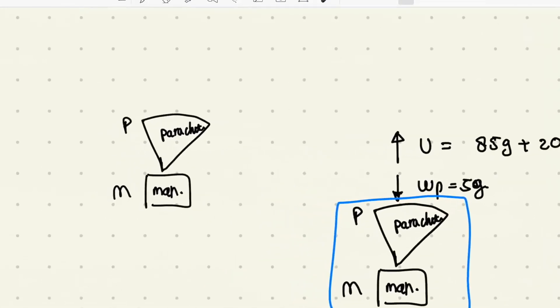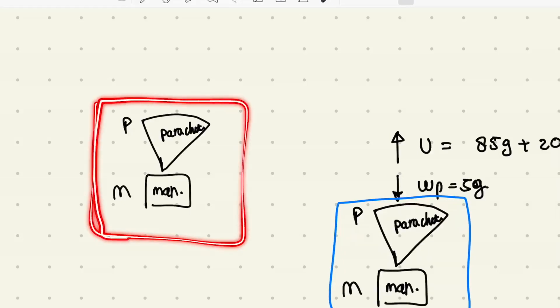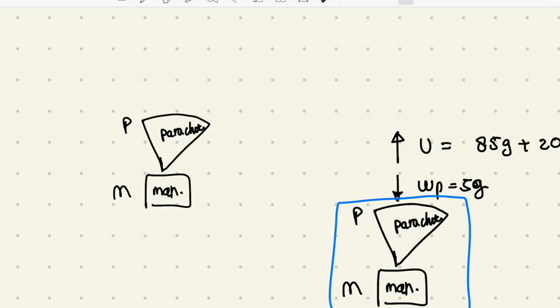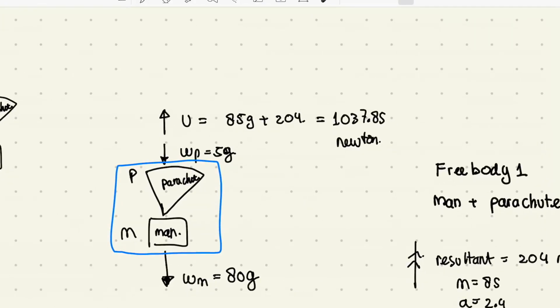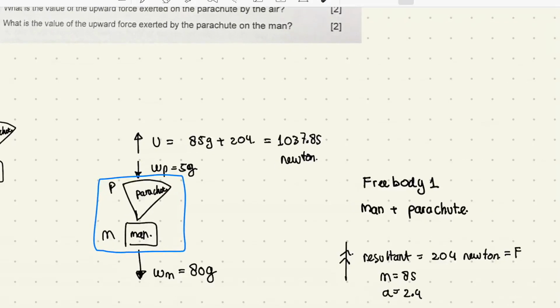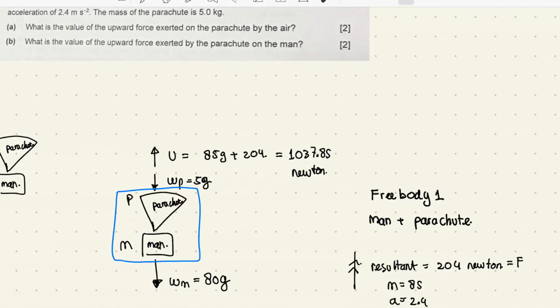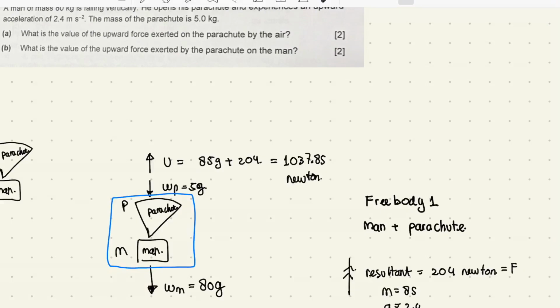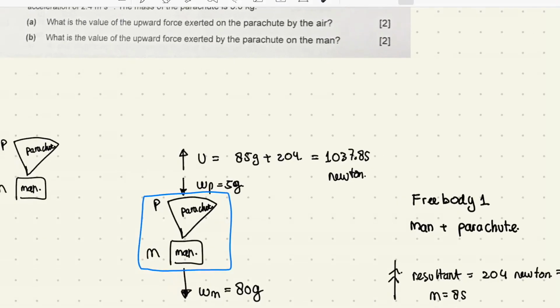Okay, what we do now, we have two objects, parachute and man. The first free body that we are going to consider is both of them, parachute plus man. There are three forces acting here. The tension here, you don't have tension because it's within the free body.